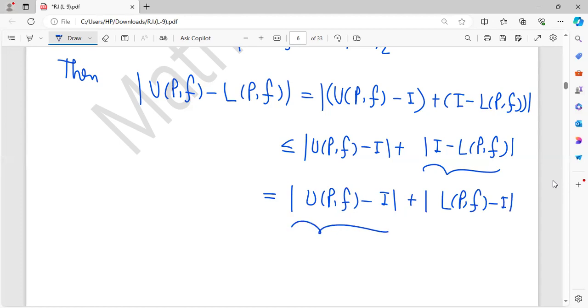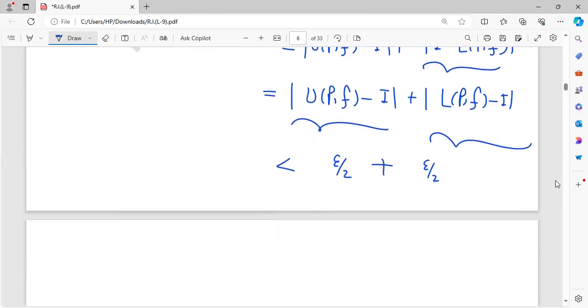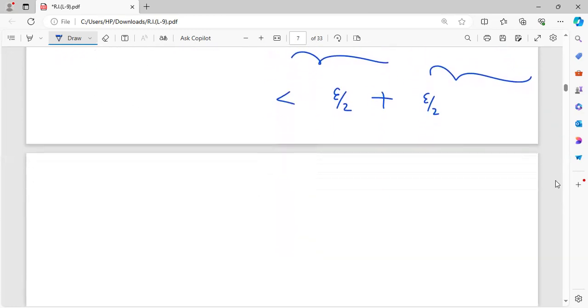Now this is less than epsilon by 2 and this is also less than epsilon by 2, so adding them, it is less than epsilon.